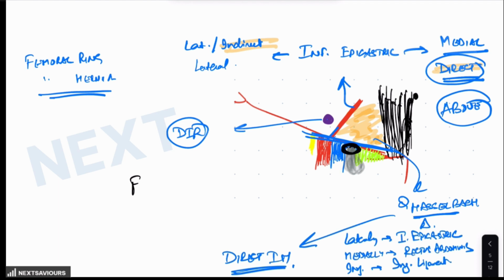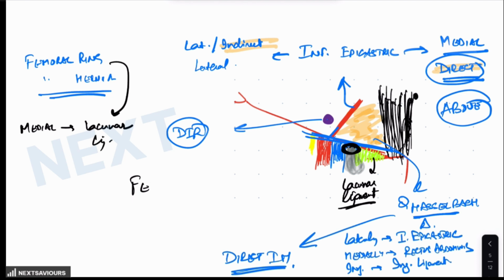So this femoral ring is bounded on the medial aspect by the lacunar ligament. Okay, you need to remember all this. Laterally you have the femoral vein.